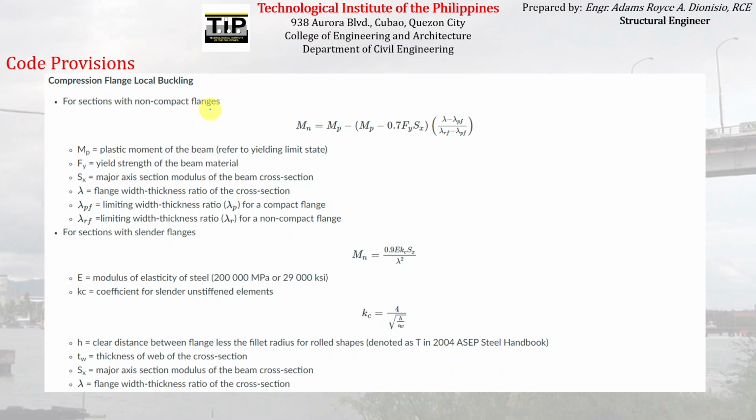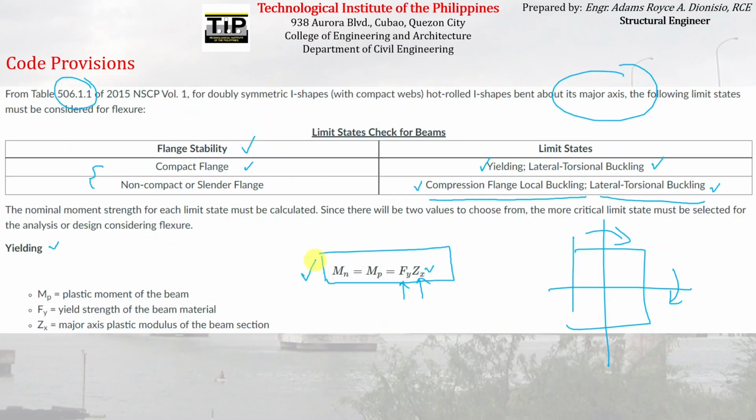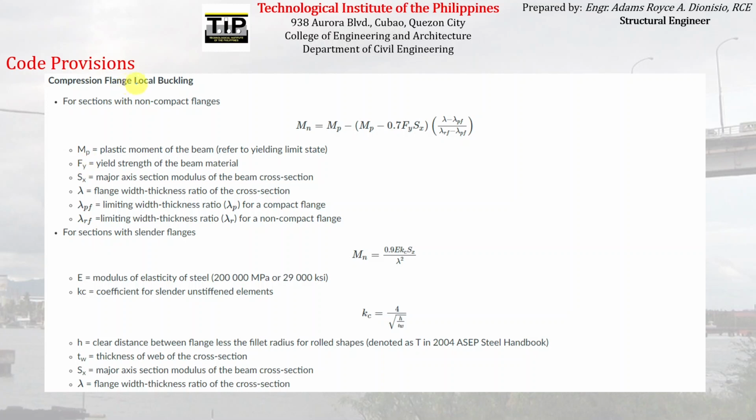These are the pertinent code provisions that you have to check to get the nominal moment capacity. The earlier one was for yielding only. We don't want our steel beam to yield, so we should not make it experience a moment greater than this plastic moment, which is the nominal capacity for yielding only. If we don't want compression flange local buckling to occur, these are the nominal capacities of our beam. This is the maximum moment the beam should experience so that compression flange local buckling does not occur. We have different formulas depending on whether the flange is non-compact or slender.